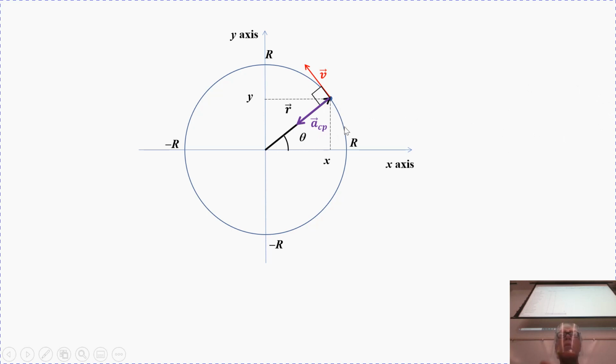Okay. Because it's uniform circular motion, you do not have a component of the acceleration parallel to the velocity vector, only perpendicular. And what does it mean? It means that the magnitude of this velocity vector will remain constant throughout the circle. That's what uniform circular motion is all about.